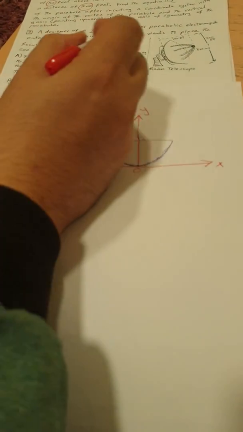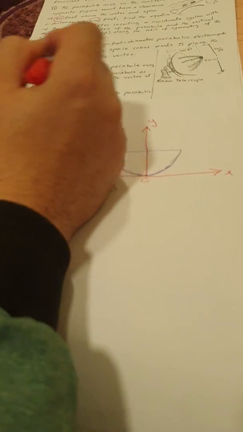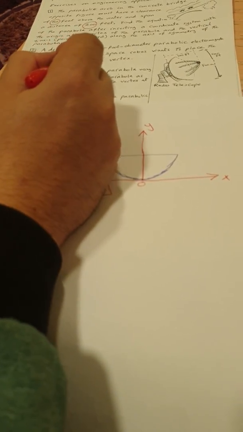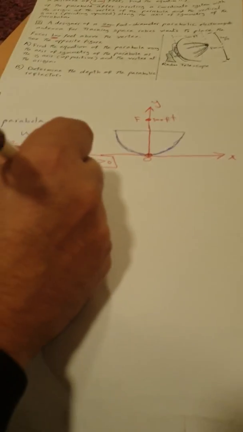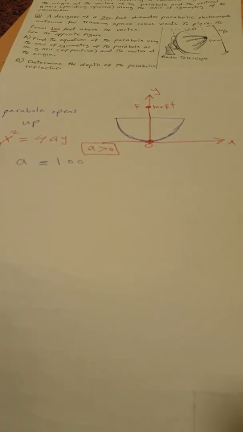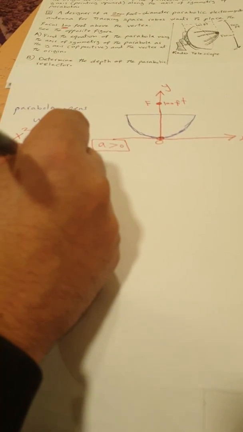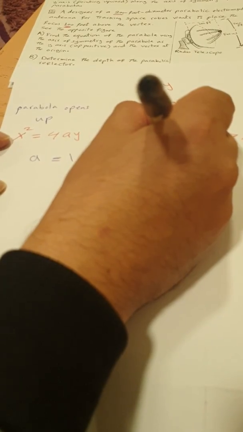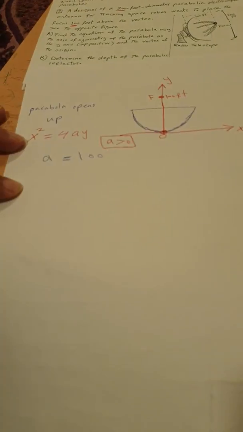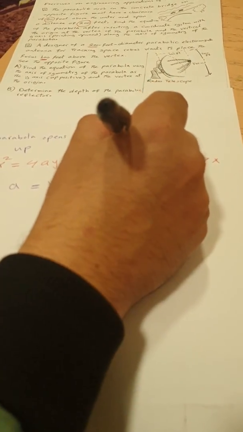He said that the engineer wants to place the focus 100 feet above the vertex. If we want to put the focus here 100 feet above the vertex here, this means that a equals 100, because a is the distance between the vertex and focus. So all this distance is 100.